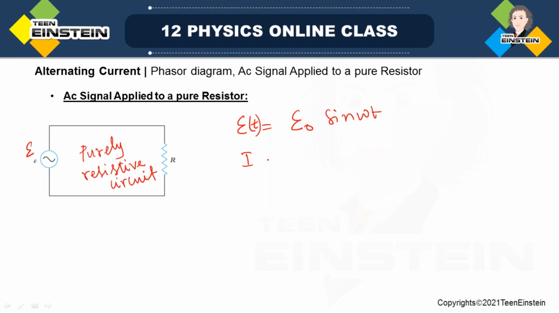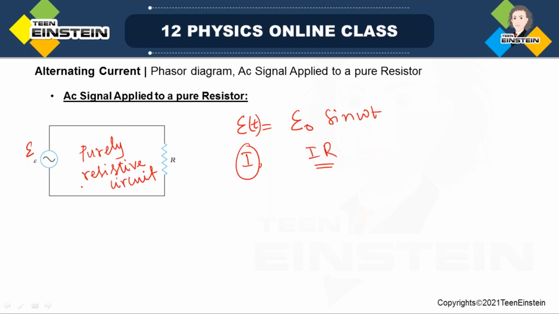Now if I say the current is I, then what is the voltage drop in this circuit? There is no other source of voltage drop, so the voltage drop will be I into R in this case. This current I am taking as the AC current, because my signal is an AC signal, or the EMF across the resistor is AC, so the current will also be an alternating current.